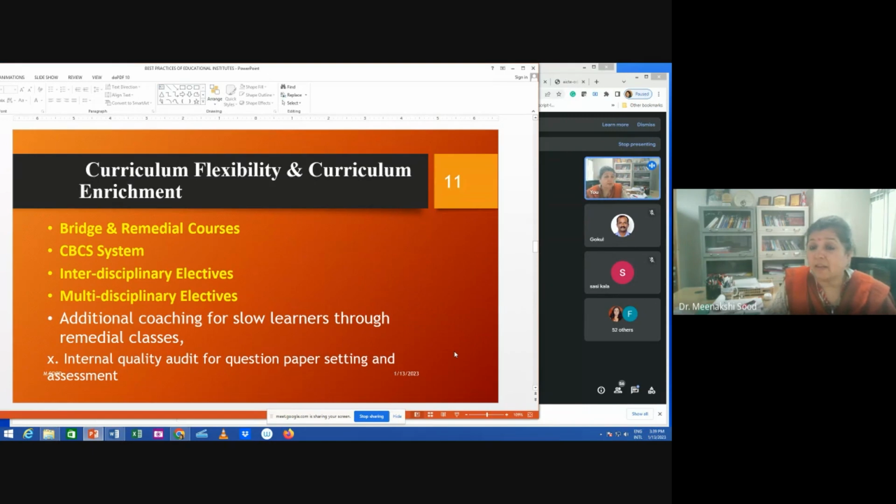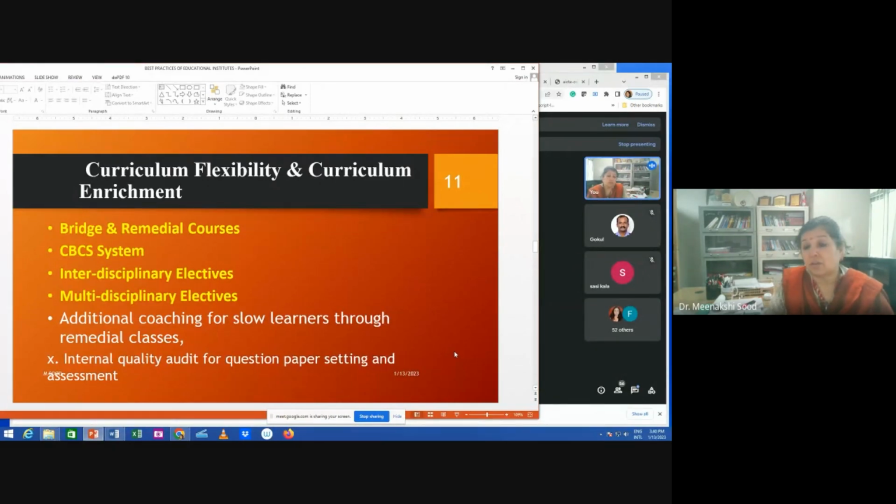By providing the choice based system, by giving the bridge courses, by giving the remedial courses, extra coaching, by giving some links of NPTEL courses, so that if those students want additional information, they can have it, right? Such facilities, if provided, we call that curriculum enrichment, right?